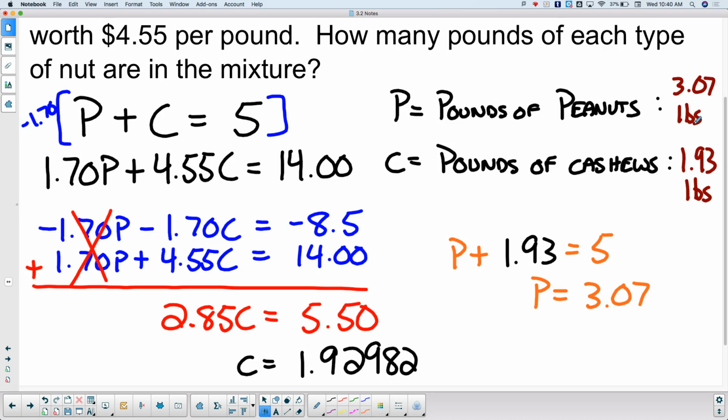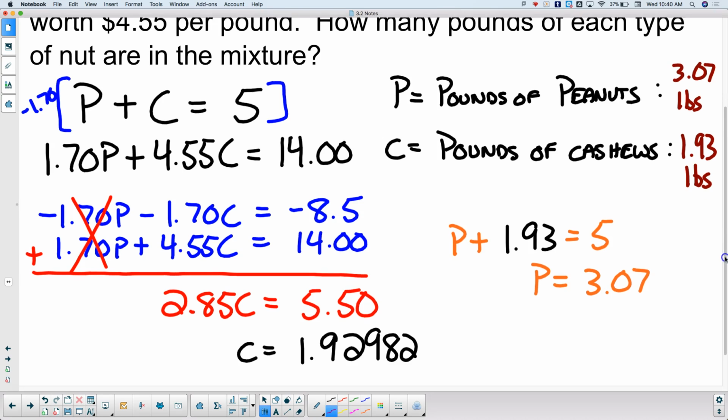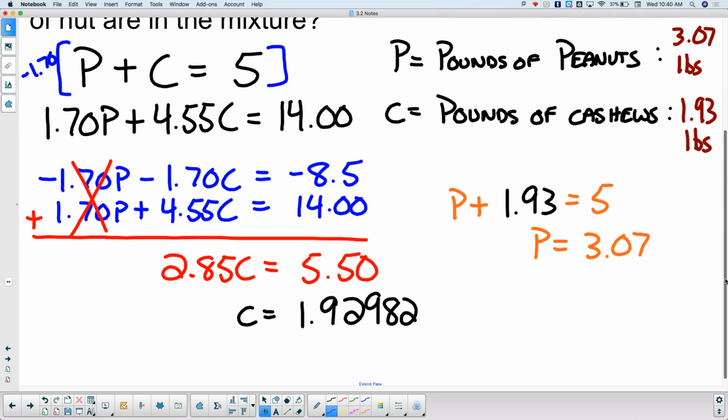Now, right off the start, I'm thinking that this might not work. Okay? But let's check it. So 1.93, P is 3.07 plus 1.93 does equal 5. So it checks out in the first equation.